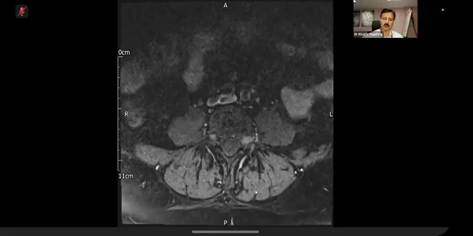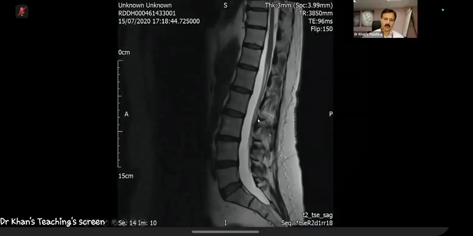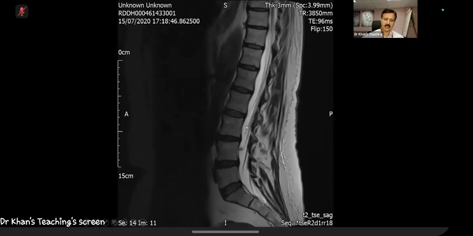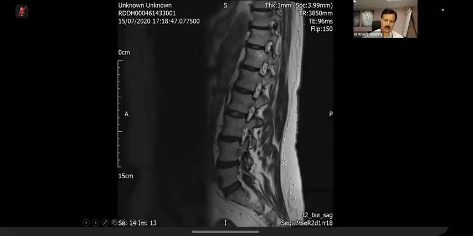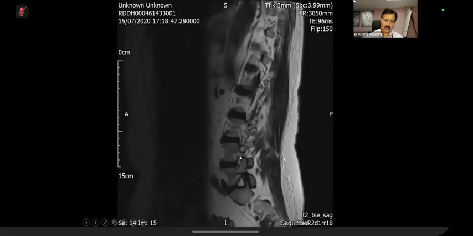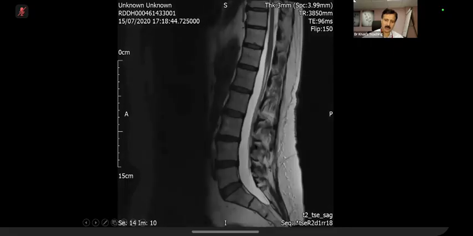I'll take the mouse from you. Thank you. Well done. So if you go back, in this particular case, now this is the disc. Look at this lesion: it starts from here and then goes into the neural foramen. Look at the configuration, it is in continuity with the disc and you can trace it backwards.